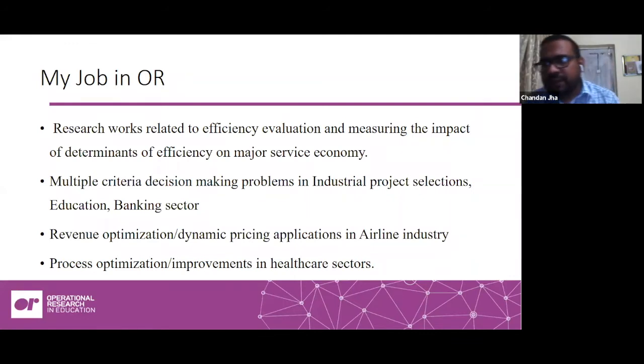So while developing an OR model with the help of simulation, we can improve the entire process: how a patient will come into that particular system, how to enhance their satisfaction level, how to provide them better facilities. So basically improving the entire process, and how to minimize the time and cost and also maximize the satisfaction level of patients, customers.